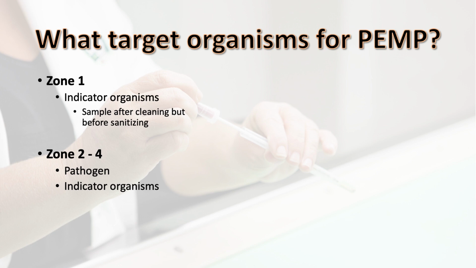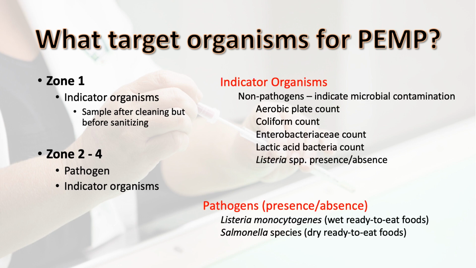For Zone 1 surfaces, it is typical to test for and enumerate indicator organisms. These are non-pathogenic microorganisms that should be much more common in the environment than pathogens. The choice of indicator organism will depend on several factors specific to your product, equipment, facility, and the pathogen of concern.